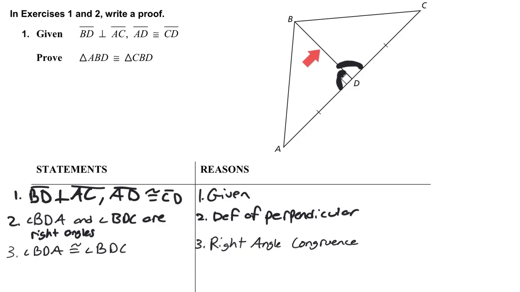And one of the very popular things we're going to use is the reflexive property. I can say that BD, and I mark this different than some teachers. I like to put a little congruent mark here. I know there's only one of them, but if I separated the two triangles, triangles ADB and then CDB, I would want to have that side marked. And so right now I can say that BD is congruent to BD, and that's the reflexive property.